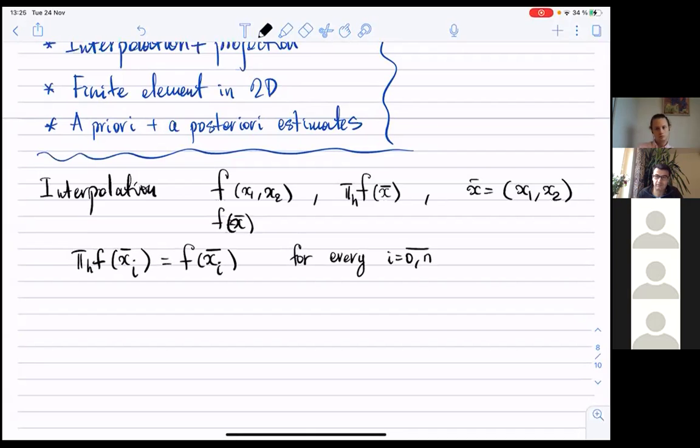I used the same definition of the mesh that we defined last time. So for every nodal point, the value of the interpolant is equal to the value of the function f. And in addition, we say that this interpolant lives in our finite element space. So they are continuous and piecewise linear.